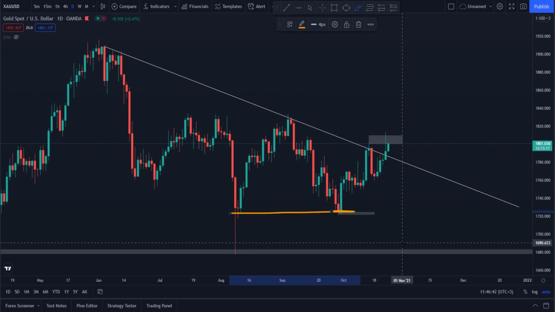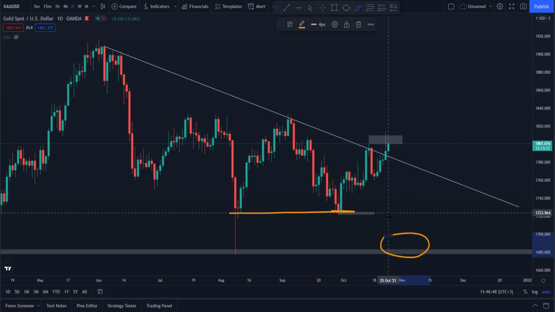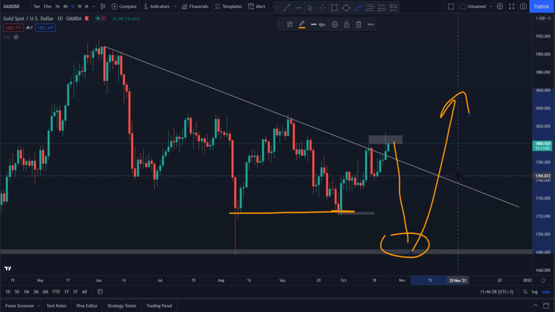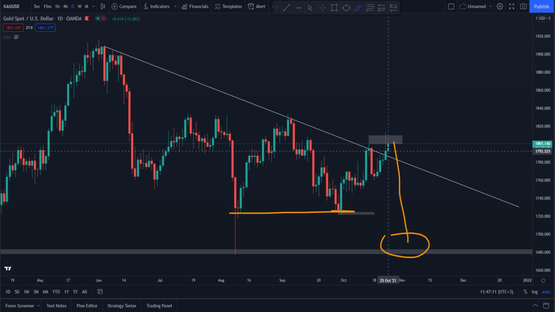It could actually come a bit lower also, and from there we're going to be talking about what could happen next in the next videos, but that could be the last push before gold shoots up and potentially reaches all-time highs. But like I said, that's in the future, so let's first see what is going to happen around this level right here.